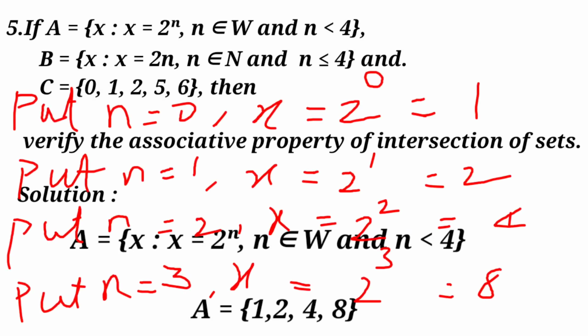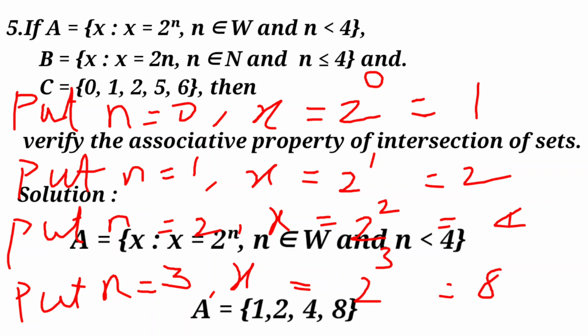First step, put n is equal to 0 because n belongs to W. x is equal to 2 to the power 0 is equal to 1, since anything to the power 0 is 1.